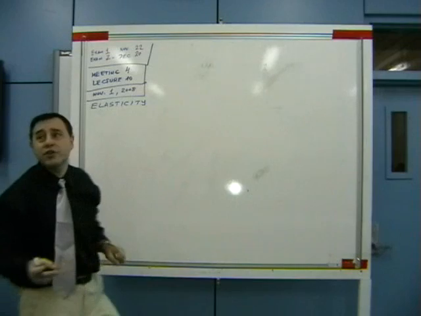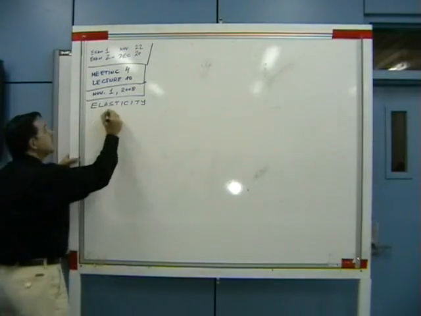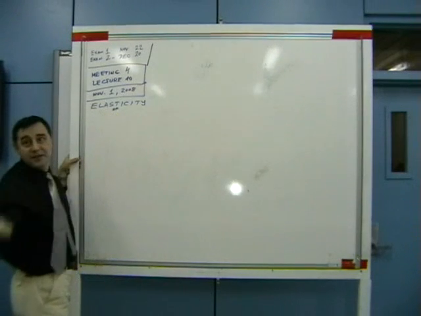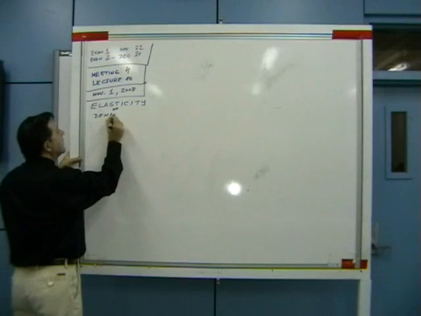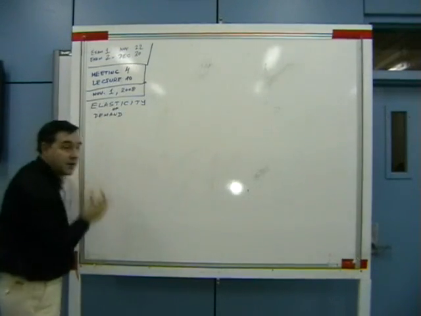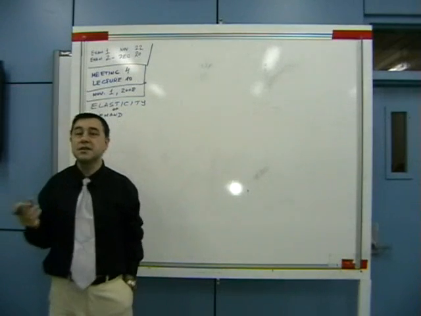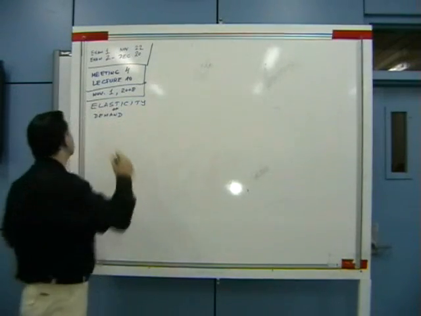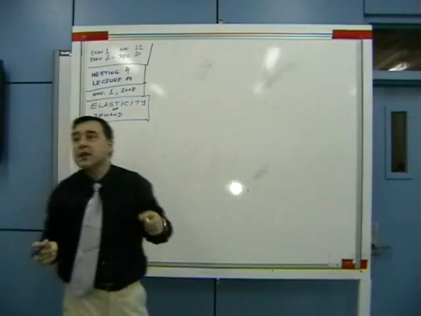Elasticity. Now, interestingly enough, the chapter is focused on elasticity and demand, or elasticity of demand. But there is no reason not to discuss elasticity of supply. So, first of all, what is elasticity?